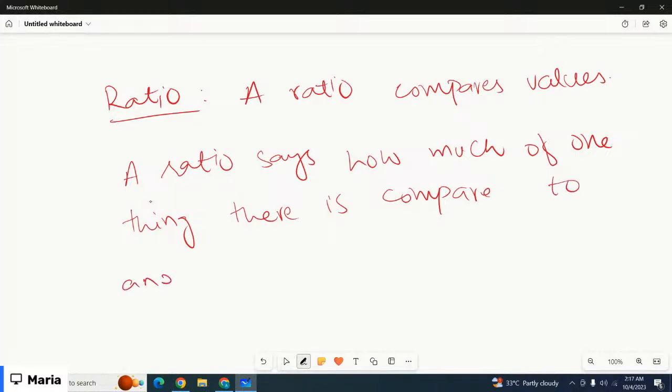So basically, the ratio means you are going to compare two quantities, right? You can write them as 3:1.